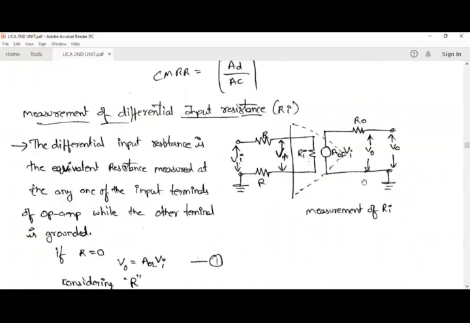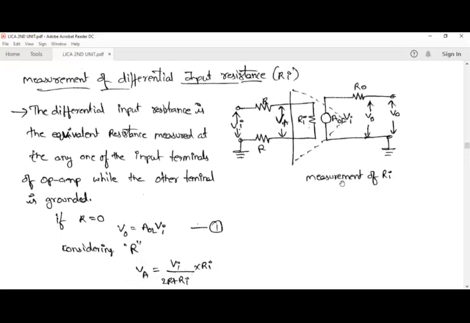The applied voltage is Vi, and the voltage drop between the input terminals is Va. You have to observe this one thing: the voltage at the output will be Vb, which is also equal to V naught.